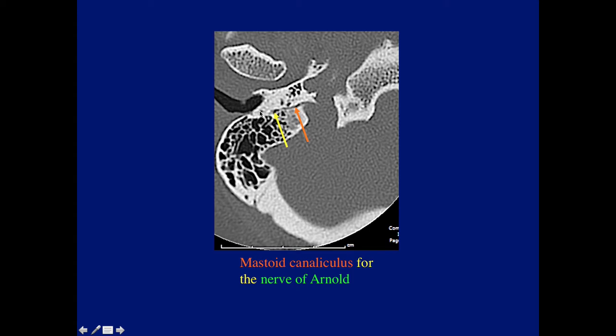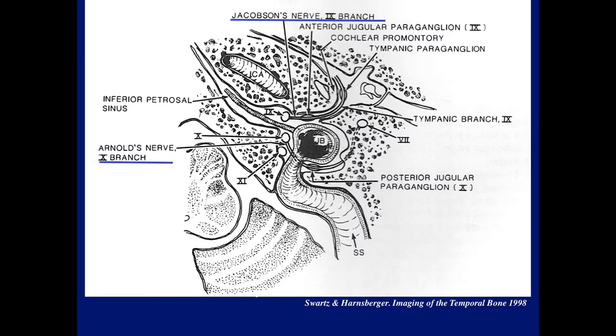Now, why is it important to know about these two nerves? This nice diagram explains the importance. So here's the Jacobson nerve, which is a branch of the 9th.